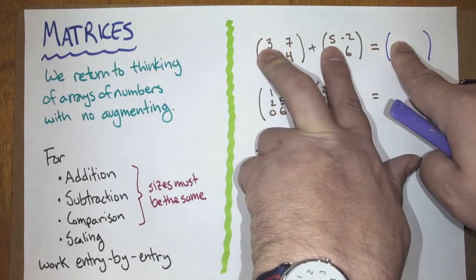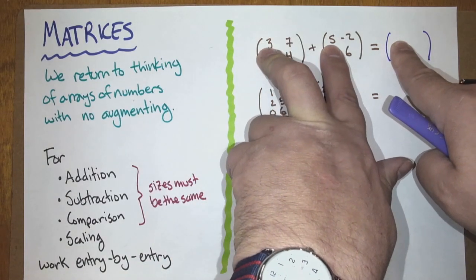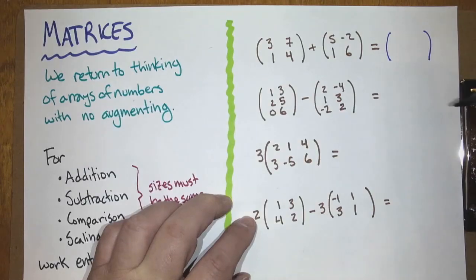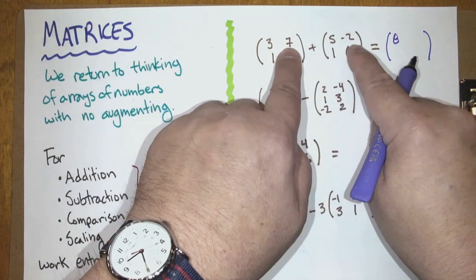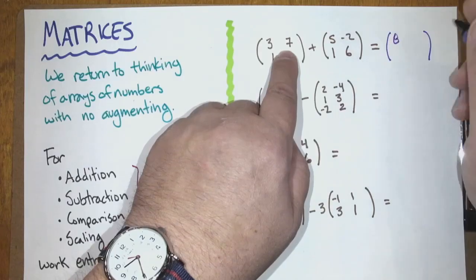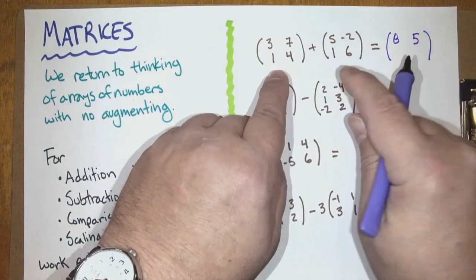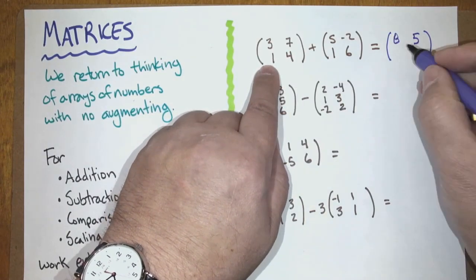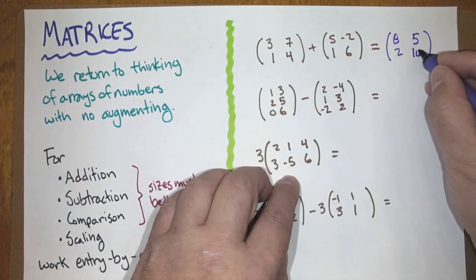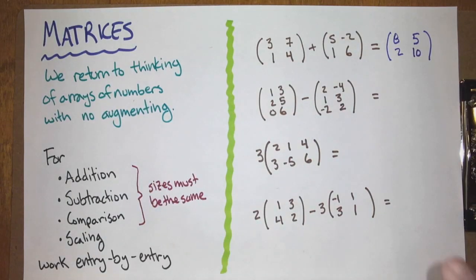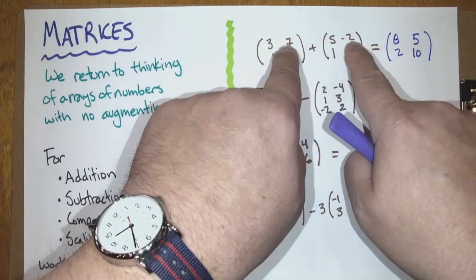Add the 2 upper left entries there. So, 3 plus 5, 8. 7 minus 2, right, 7 plus negative 2, 5. 1 plus 1, 2. 4 plus 6, 10. All right, just add up entry by entry.